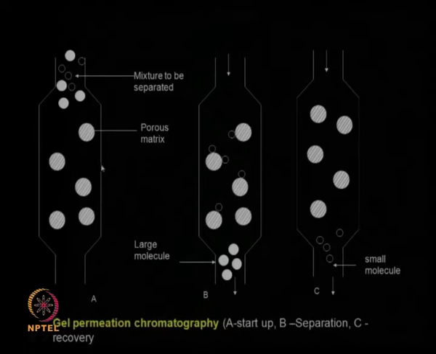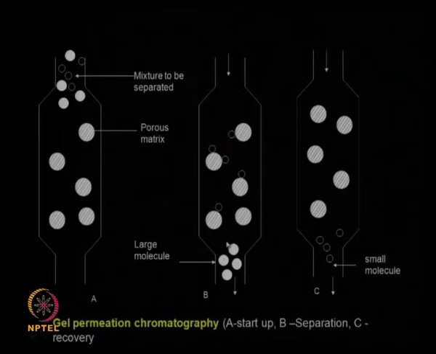So what you have in this particular setup is a porous matrix, and there are pores present in the solid. Small molecules like small metabolites or small proteins or small peptides enter this porous matrix, whereas the large ones, that means large sized or large molecular weight molecules, do not have any interaction with the porous matrix, so they start travelling faster.